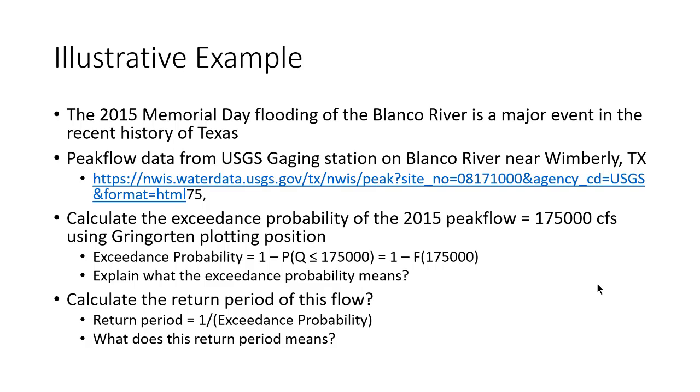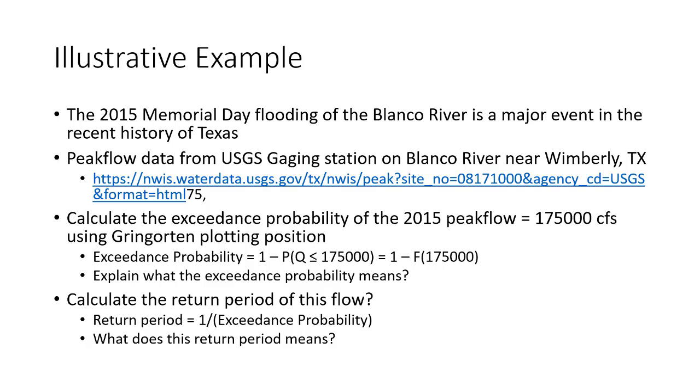So what we want to do is use the Gringorten plotting position, because we are interested in extreme values, and we know that the Gringorten plotting position works well with extreme values. And we want to calculate the exceedance probability.